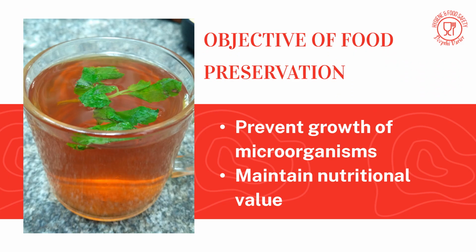Objectives of food preservation are to prevent the growth of pathogenic microorganisms or even organisms that cause spoilage of food. So we have already seen how the spoilage of food is caused by the growth of bacteria, yeasts, and molds, and that leads to a change in the texture of the food, sometimes the flavor and even the appearance of the food. Now when we talk about pathogens, we know that there are a lot of pathogens like E. coli, Salmonella.